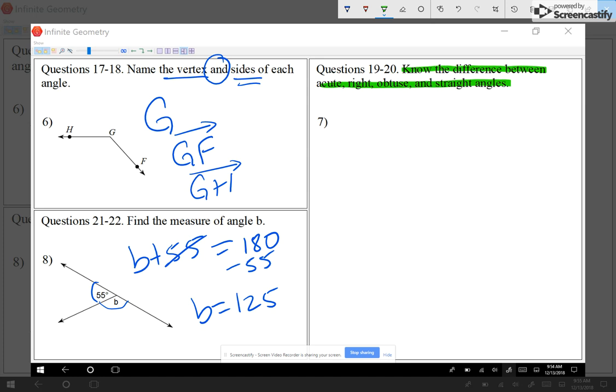I'm just telling you, know the difference, because on questions 19 through 20 in the final, I'm going to ask you to define what's an acute angle, or what's a right, or an obtuse, or a straight angle. So make sure you know the difference between those four. Like I said, on your homework, you will see this. It's just a reminder. You don't have to answer on the homework. On the test, you will be asked for them. Any questions?